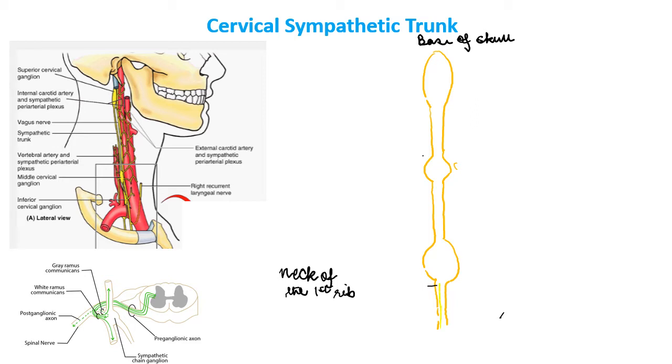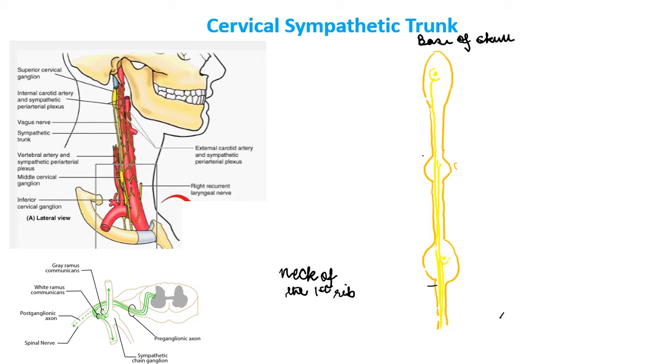They ascended through the trunk and then synapsed in the superior cervical ganglia, or they synapsed in the middle cervical ganglia, or they synapsed in the inferior cervical ganglia.